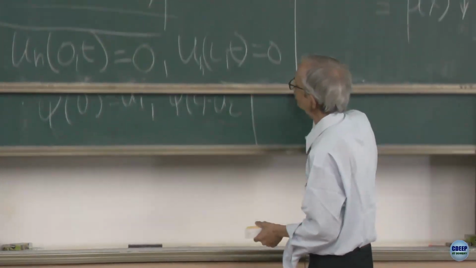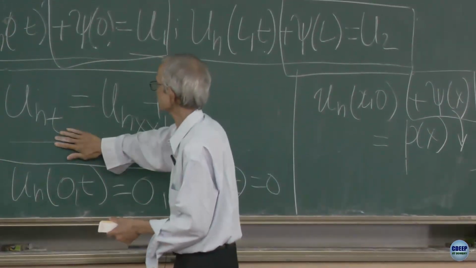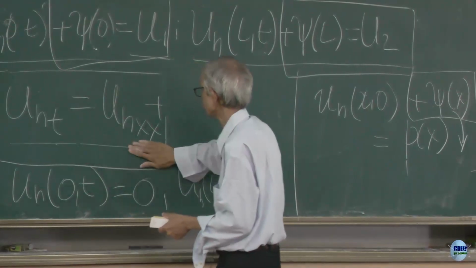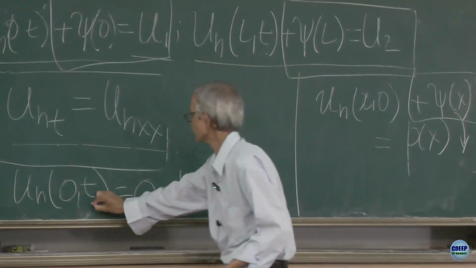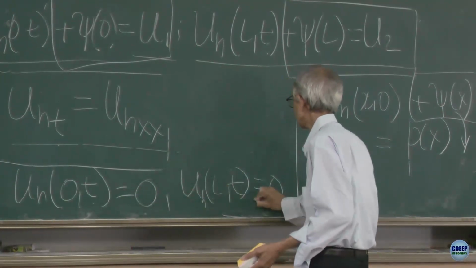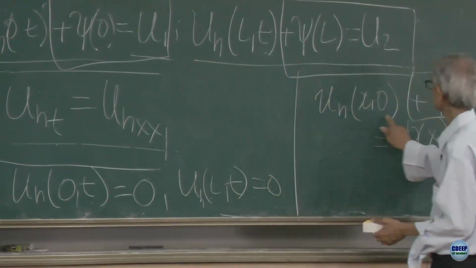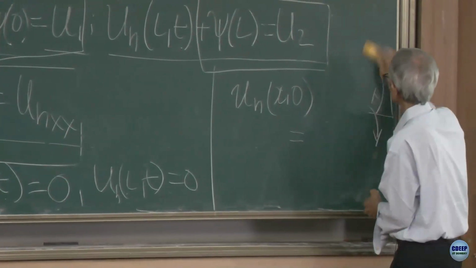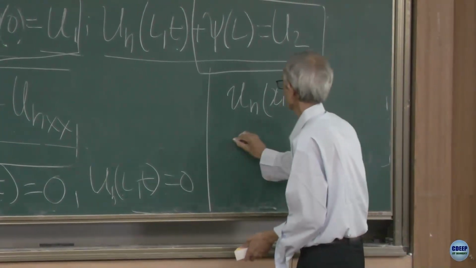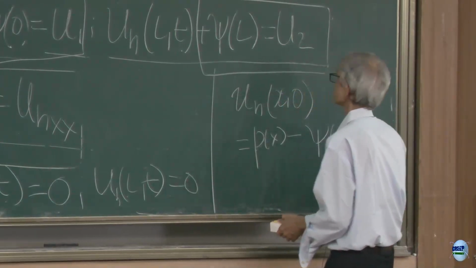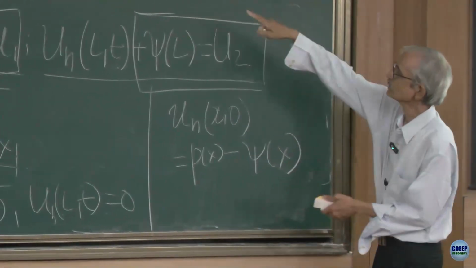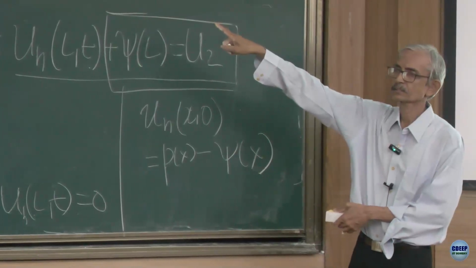And now I have got this guy here, UHT is UHXX. This is my choice. UH0T is equal to 0, UHLT is equal to 0, and UHX0 is equal to Px minus psi of x. I have already solved for psi of x, right?